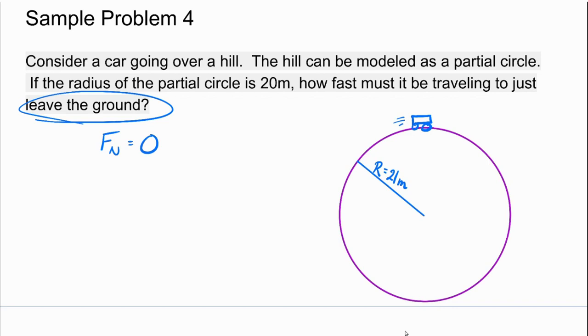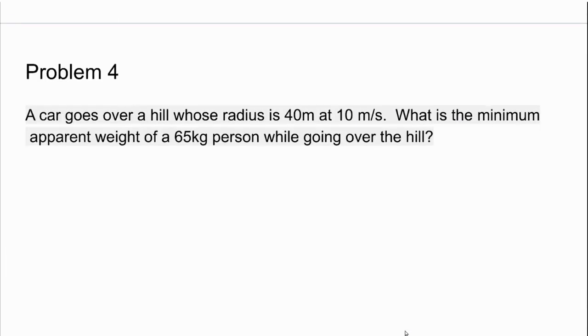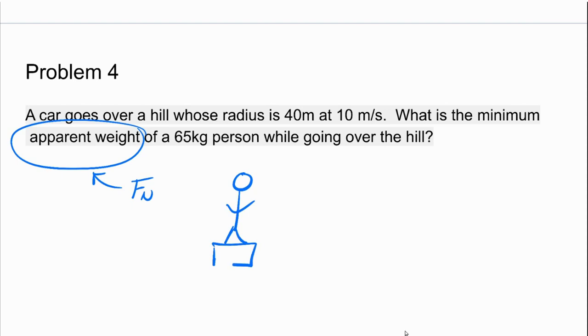All right, so the other thing that I want to mention, because the next problem talks about the apparent weight. When you do apparent weight, that's another word for normal force. And the reason why your normal force is called apparent weight is because if you are a person standing on a bathroom scale, you would look at the number on here and you would say, that's how much I weigh.